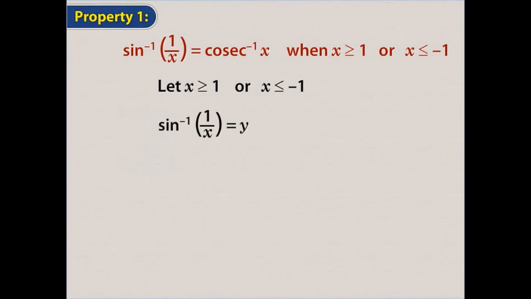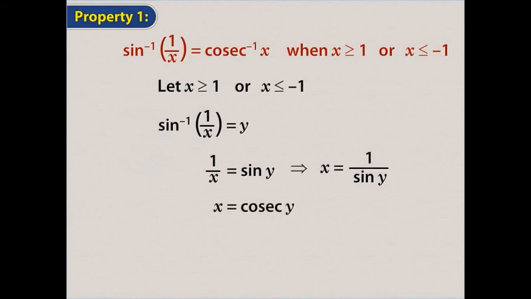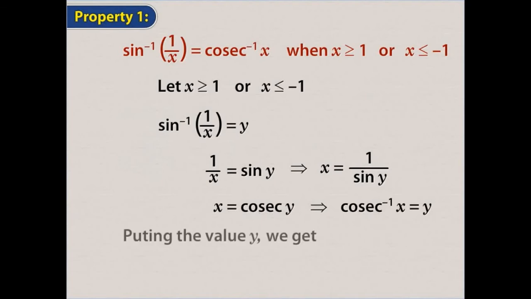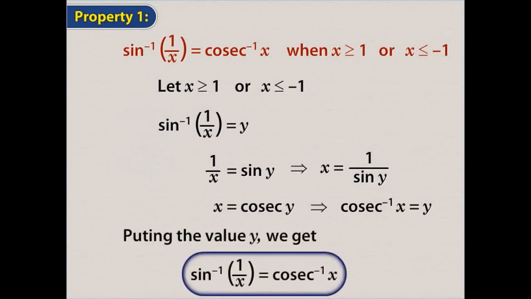Let sine inverse of 1 by x equals y, then 1 by x equals sine y. This implies x equals 1 by sine y. Therefore, x equals cosec y, which implies cosec inverse of x equals y. Therefore, sine inverse of 1 by x equals cosec inverse x.